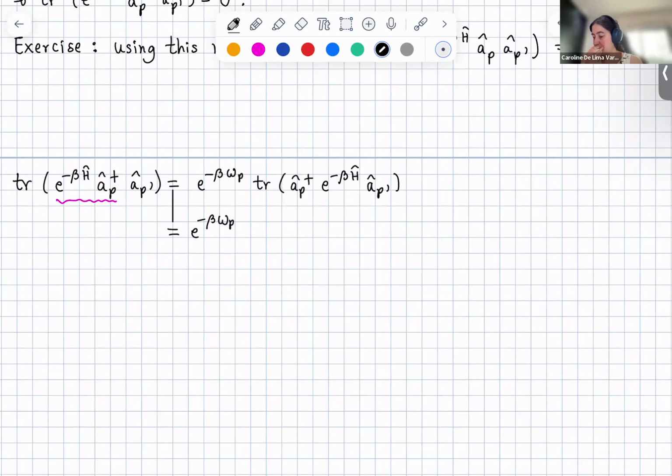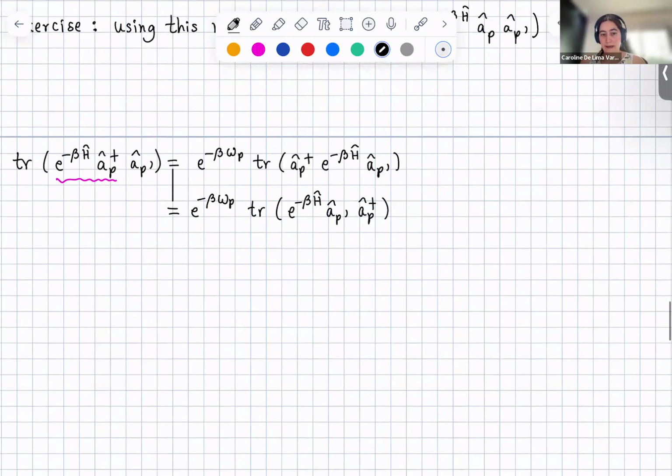Now I'm going to use cyclicity again to put this a_p dagger to the end. So I'm going to write e to the minus beta H times a_p' times a_p dagger.